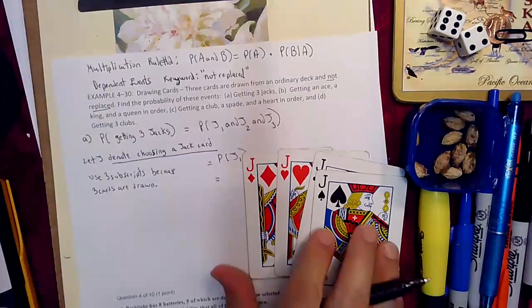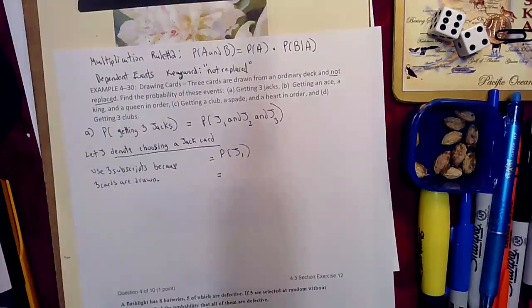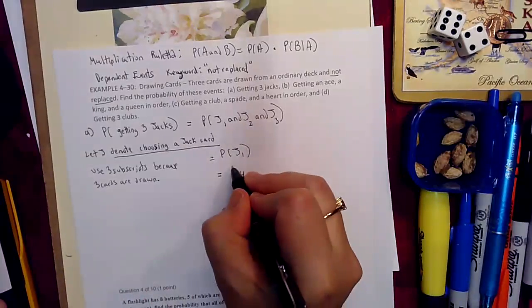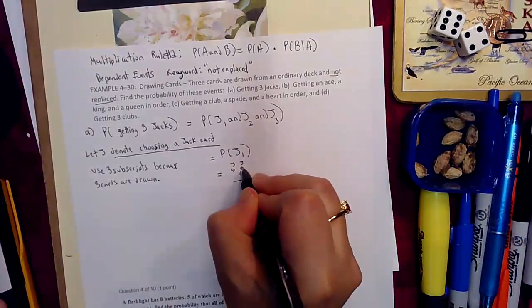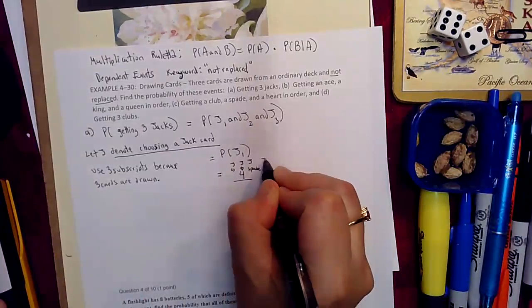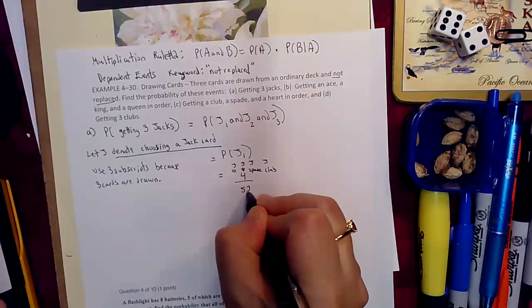That's why your numerator is going to be 4, because you have the jack that's a heart, the jack that's a diamond, the jack that's a spade, and the jack that's a club, and then there's 52 cards in the deck.